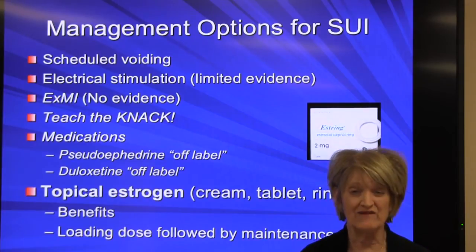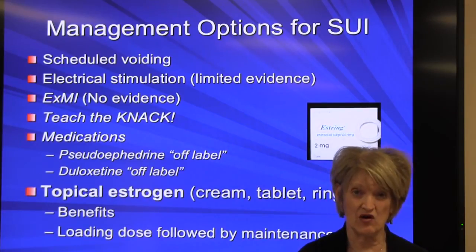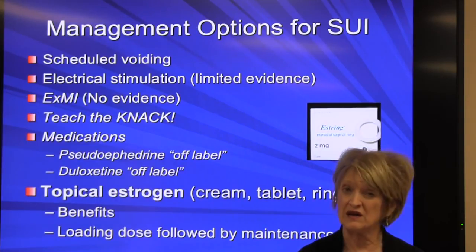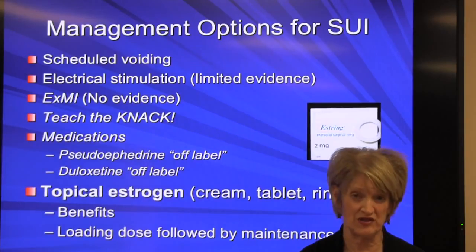However, we have very limited data regarding effectiveness, and as solo therapy, it seems to be very ineffective. So electrical stimulation might be used by some physical therapists as a component of a pelvic muscle rehab program, but it is never standalone therapy, and it's not what we're going to focus on.